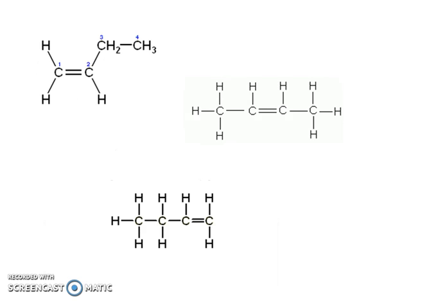Again, the first thing we need to do is count the number of carbon atoms. Now, all of these have 1, 2, 3, 4 carbon atoms, but they are different. This has the carbon-carbon double bond on the end carbon. This one has it on the middle carbon.